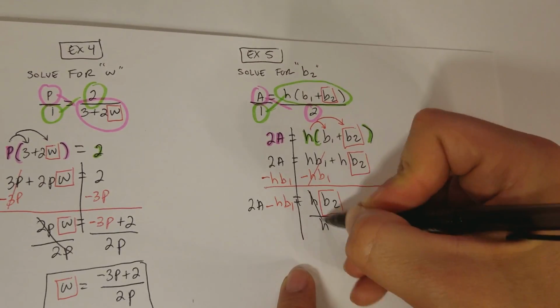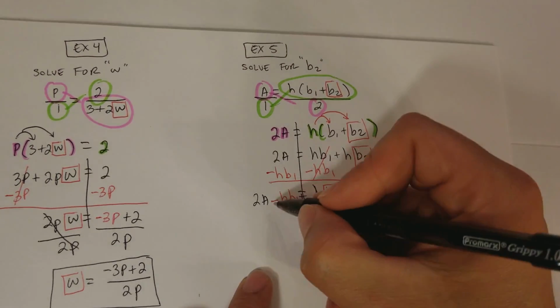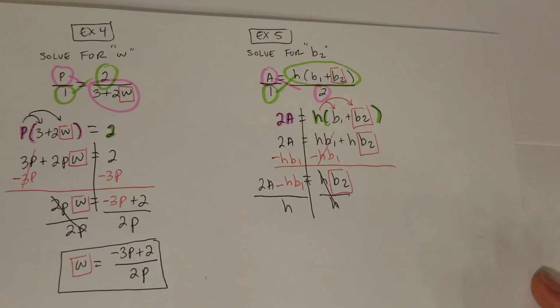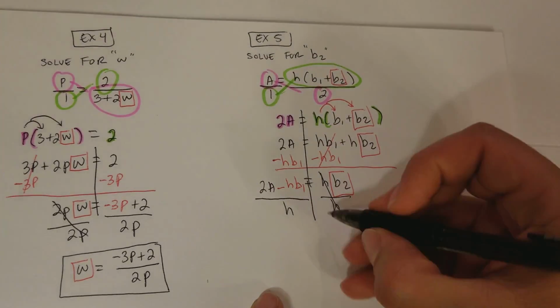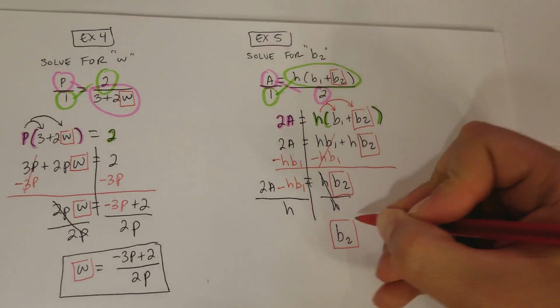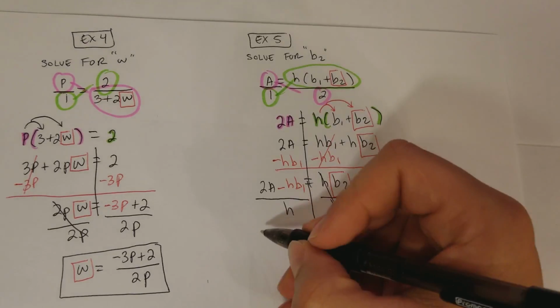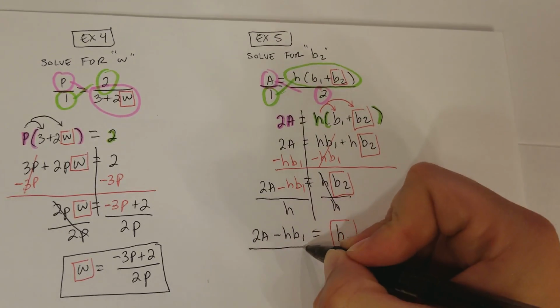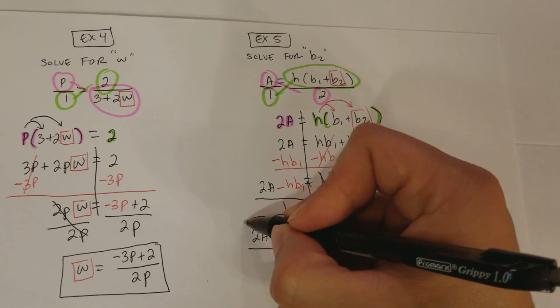So divide this side by h, that goes away. And divide the whole entire left side by h, and we get an expression for b2. So my final formula for b2 is equal to 2a minus hb1 all divided by h.